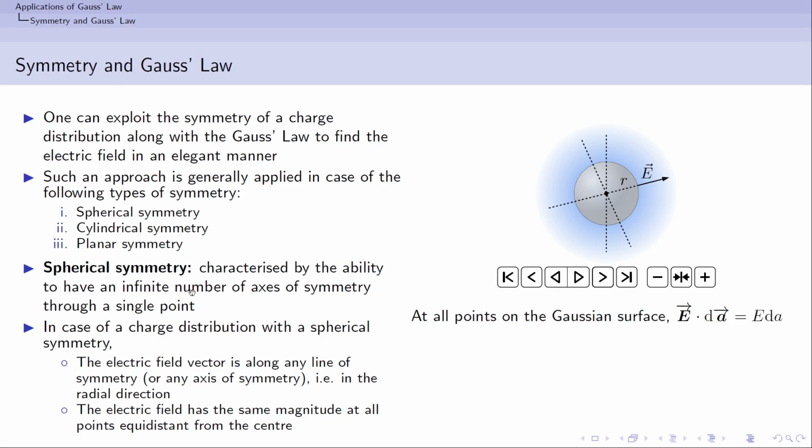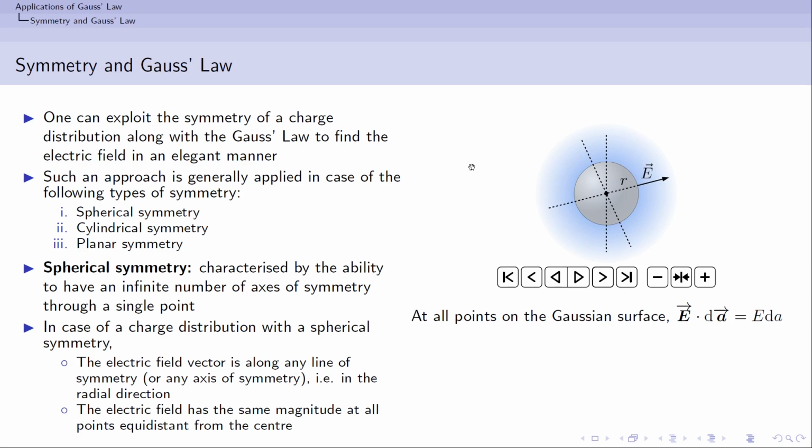So in case of spherical symmetry, we choose a Gaussian surface which is spherical. Okay, so this spherical surface is the best surface which is going to help us use the spherical symmetry and help us find out the electric field. We might have chosen, let's say, a cube. That also would have given us the flux, but that would not give us the field.